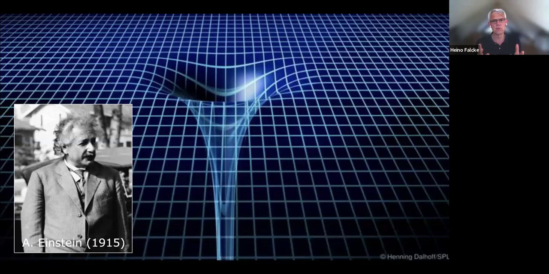Gravity after Newton became a force, and after Einstein, it became a property of space and time, so to speak. His picture was that matter would actually twist, change, bend space itself.